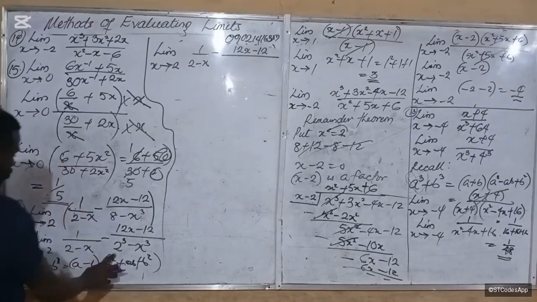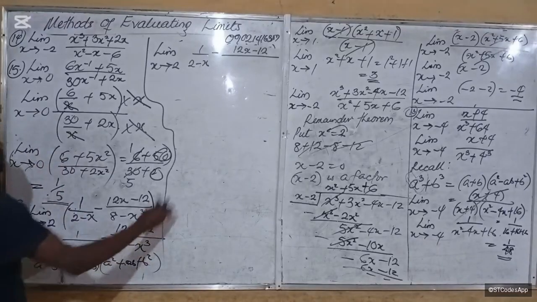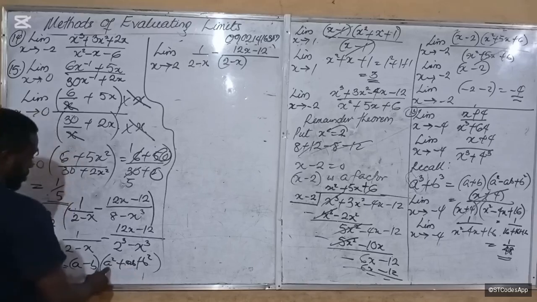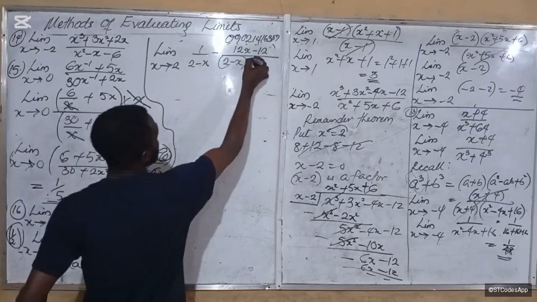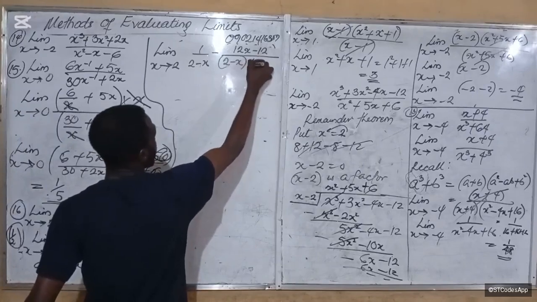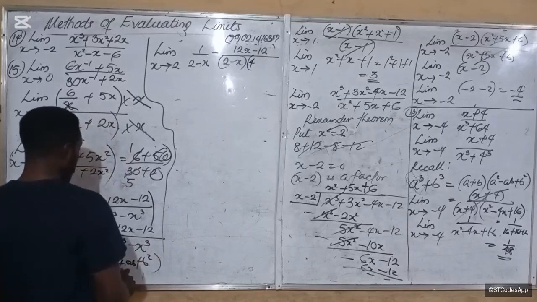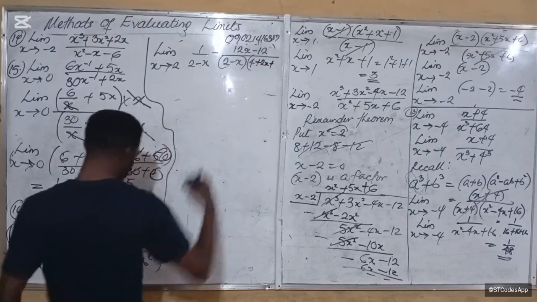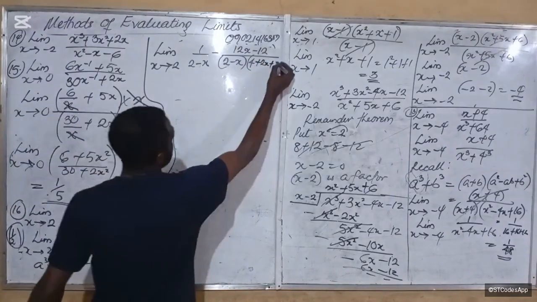2 minus x, first term minus second term. Then first term squared, that is 2 squared, that's 4, plus ab, that is 2 times x, plus b squared, that is x squared.